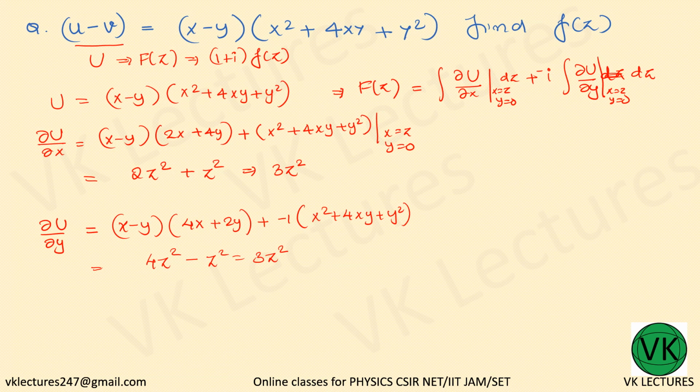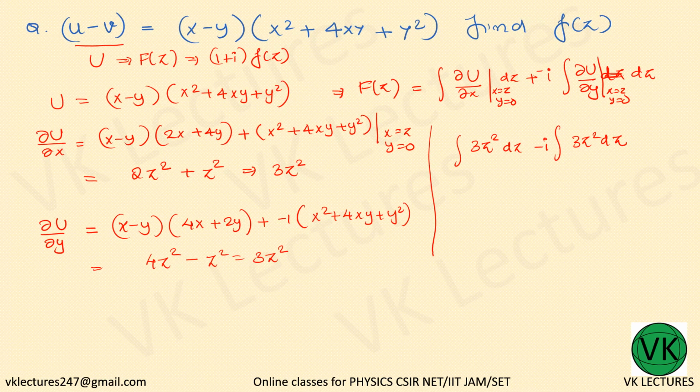Now applying to the formula, what we get is the integral of 3z² dz minus i into the integral of 3z² dz.